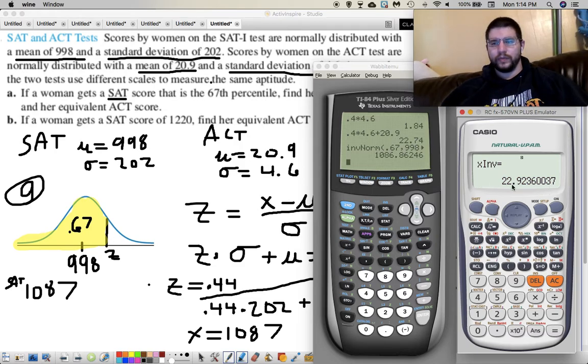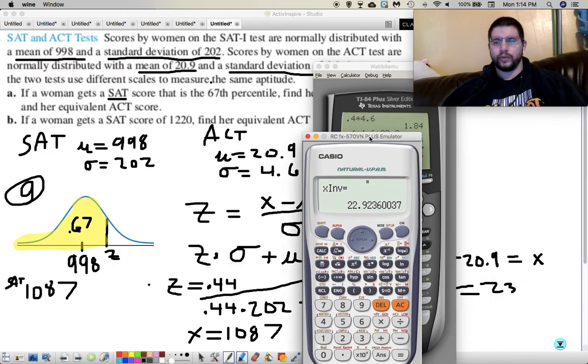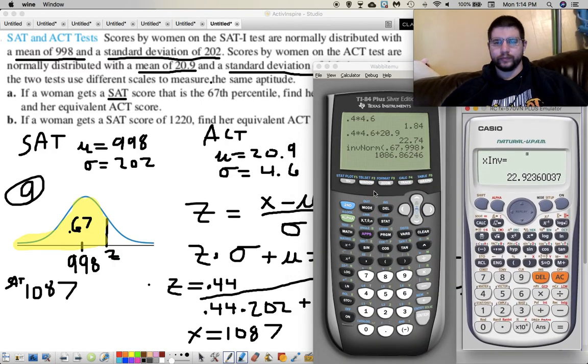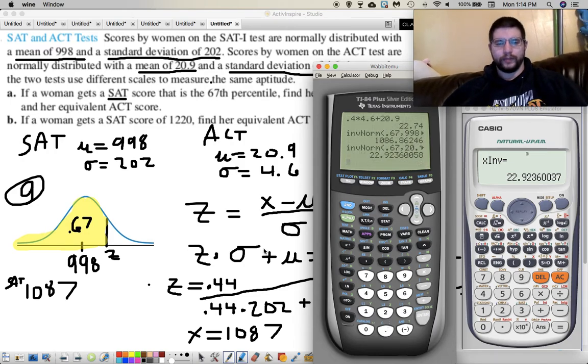So yeah, still rounds the same thing, 23 on the ACT. But whenever you do these by hand, whenever you do them by calculator, it is very possible to get slightly different answers. Mean, standard deviation, so the mean is 20.9, standard deviation is 4.6, 23.